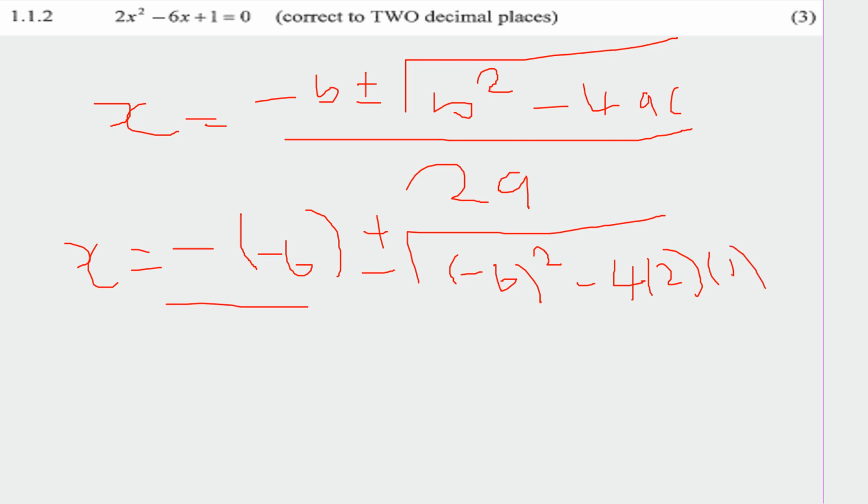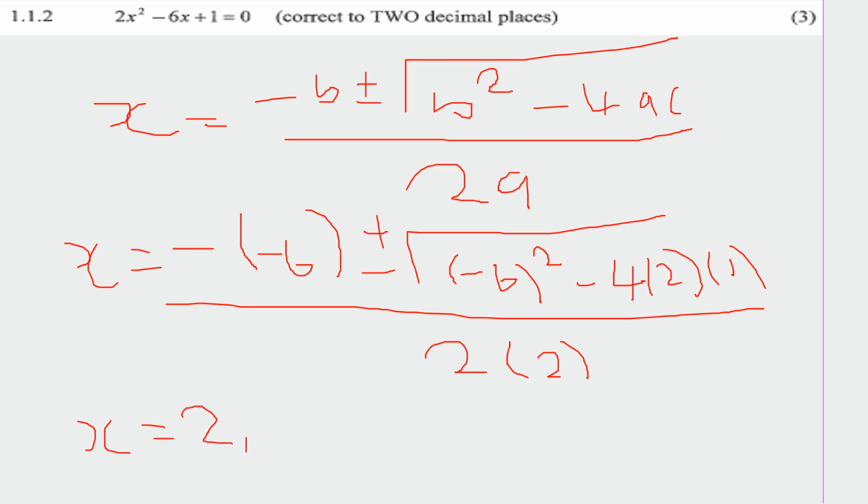Then all divided by 2 times the value of a, which is 2. So after you substitute all the values, the answer that you will get is that x is equal to 2.82, or x will be equal to 0.177.